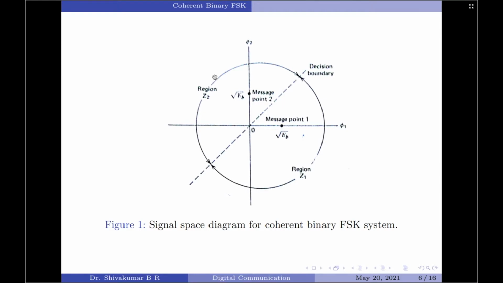On the other hand, we have the second kind of error, in which symbol 1 is transmitted, but the channel noise is such that the received signal point falls inside region Z2, and therefore the receiver decides in favor of symbol 0. We refer to these conditional errors as the first kind and second kind respectively.